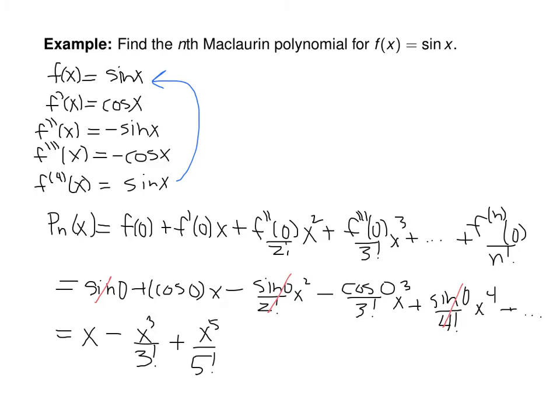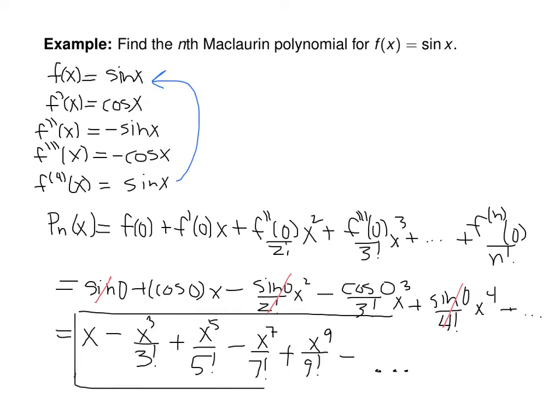All of the even parts of this are going to involve having a sine of 0 or negative sine of 0, which are going to 0 out. The next term will be minus x to the 7th over 7 factorial, and then plus x to the 9th over 9 factorial. And it's not clear what to do with the n, so I'm just going to put a minus next and then dot dot dot, because this is the pattern that continues.